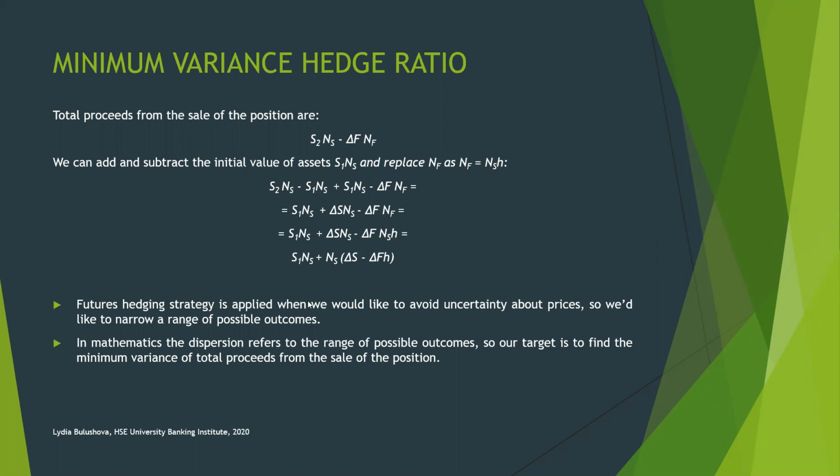So the lower the variance, the lower the uncertainty. That's the idea. That's why we're trying to find the minimum variance. It's an explanation for those of you who don't have a mathematical background: just the lower the variance, the lower the uncertainty.